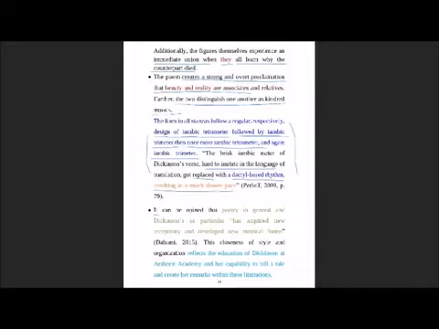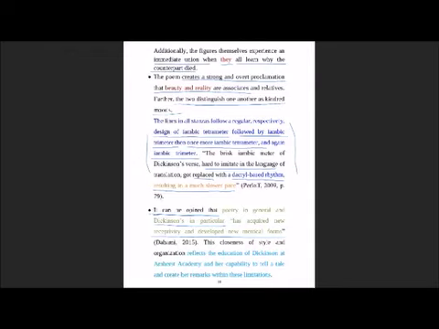It can be opined that poetry in general and Dickinson's in particular has acquired new perceptivity and developed new metrical forms. She is amazing.